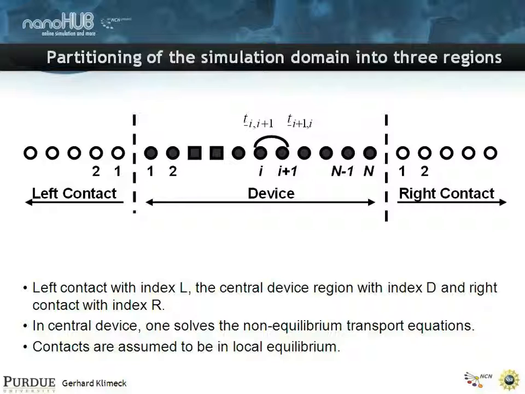We have a left contact, a device, and a right contact. In the central device, we solve the non-equilibrium transport equations. In the left and right contacts, we assume the contact is in equilibrium, and it's treated through self-energy. For the first part, we assume that it's flat in potential.